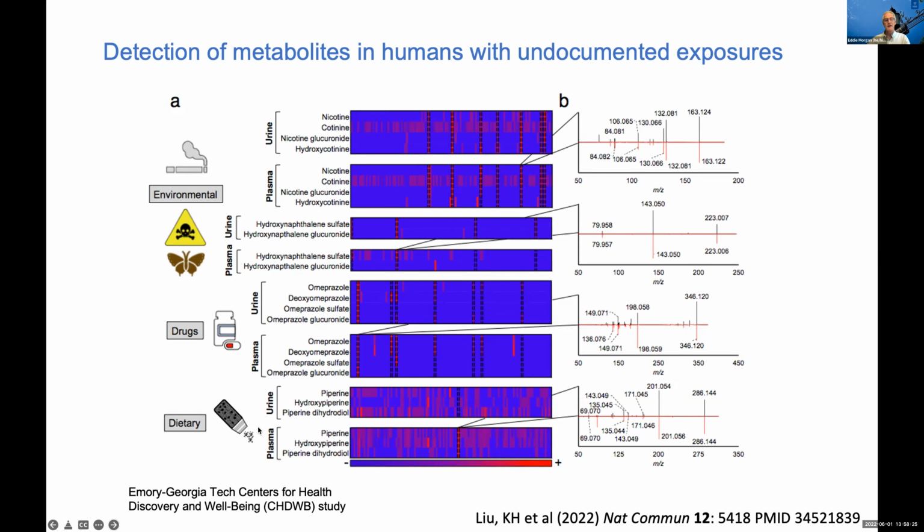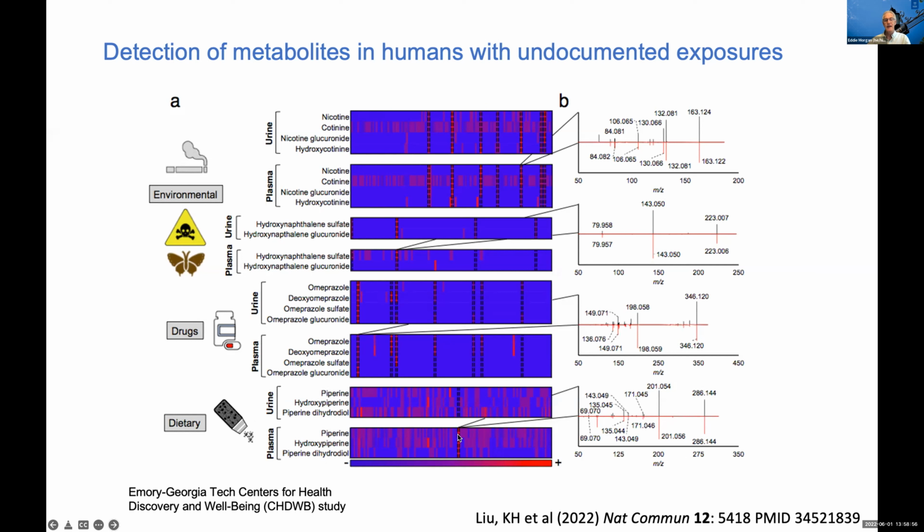Now, piperine is a component of black pepper. And if you look at the piperine signal, we were able to detect some kind of signal for piperine in all 120 participants in this study. But for bona fide, or let's say higher confidence, piperine exposure, we also look for the metabolites of piperine, dihydroxy and the piperine dihydrodiol.